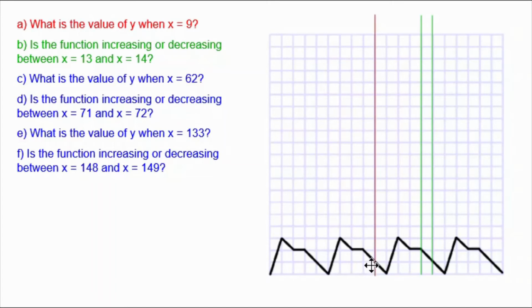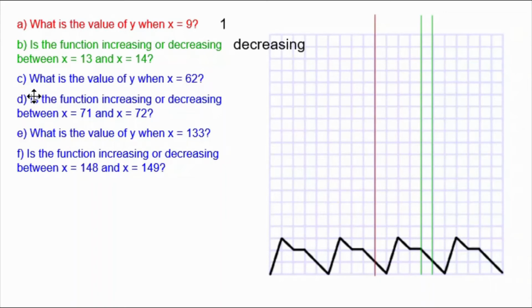So I have my answer. Now, for B, is the function increasing or decreasing between x equals 13 and x equals 14? Well, that's going to be between these two green lines that I have added to the graph. And I can see that the function is decreasing. So I have my answer.